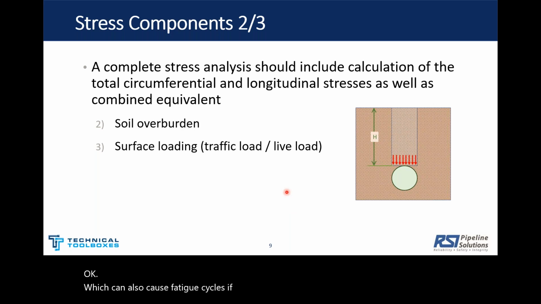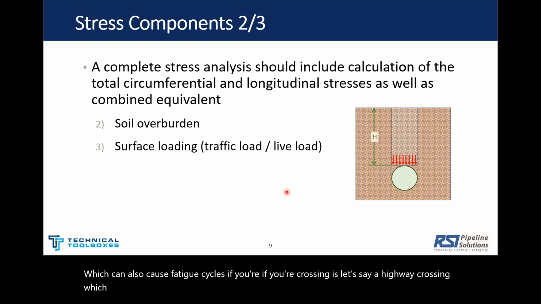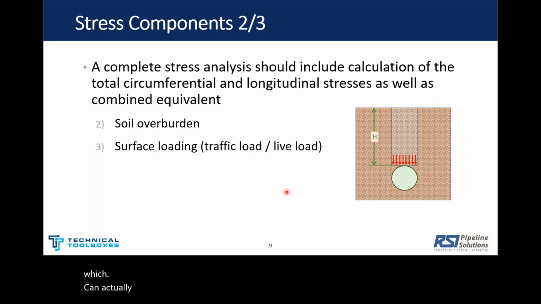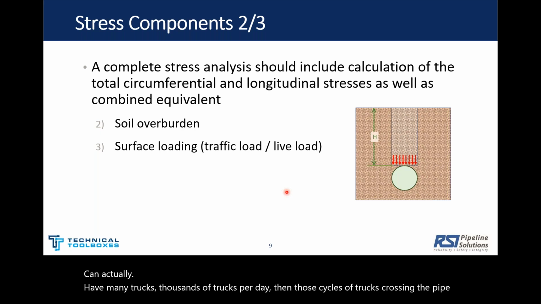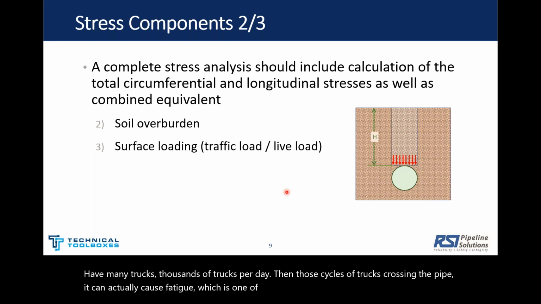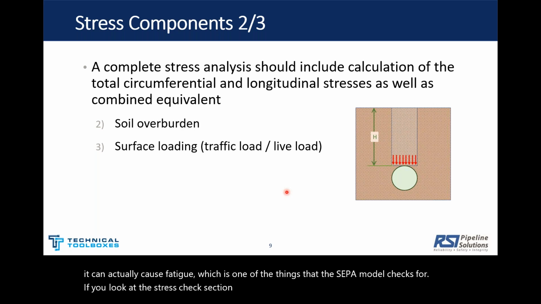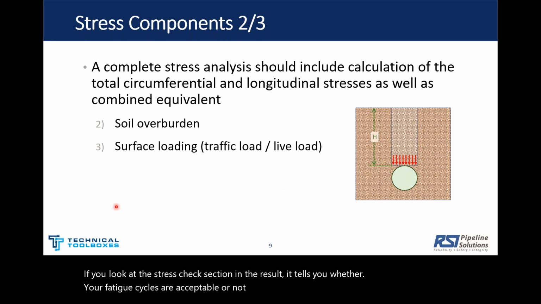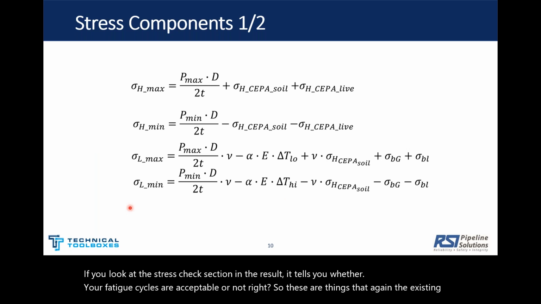If your crossing is, let's say, a highway crossing, which can actually have many trucks, thousands of trucks per day, then those cycles of trucks crossing the pipe can actually cause fatigue, which is one of the things that the CEPA model checks for. If you look at the stress check section in the result, it tells you whether your fatigue cycles are acceptable or not, right? So these are things that, again, the existing CEPA model does.